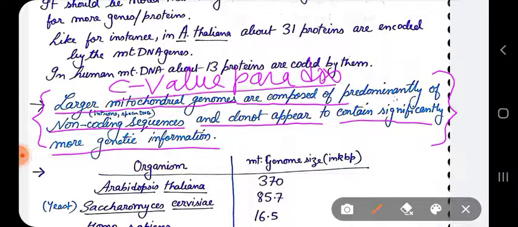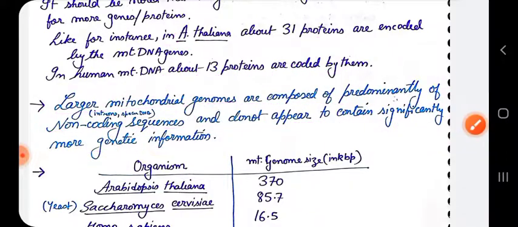In early days, scientists used to think that large DNA means more information, but that does not mean so. Larger DNA may contain non-coding sequences, which will not code for any protein. So always remember that large mitochondrial genomes are mostly composed of non-coding sequences, which appear in the form of introns, spacer DNA or linker DNA, and do not contain that much genetic information.